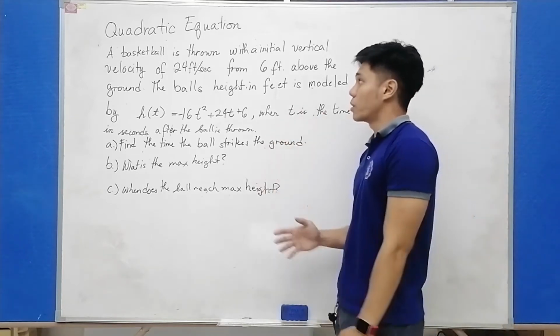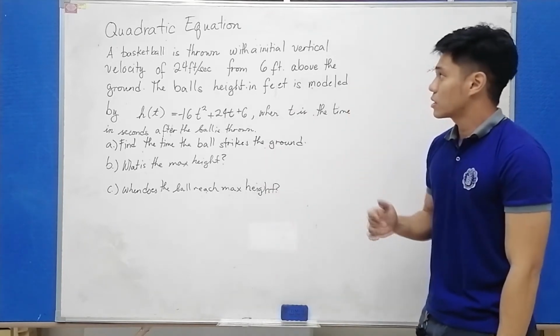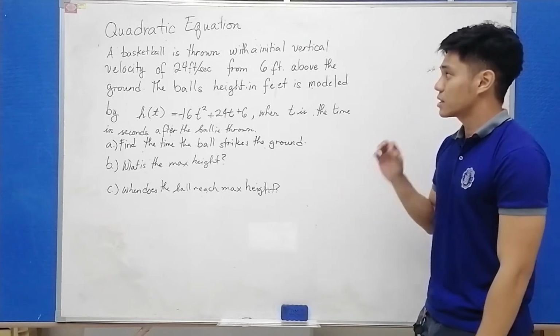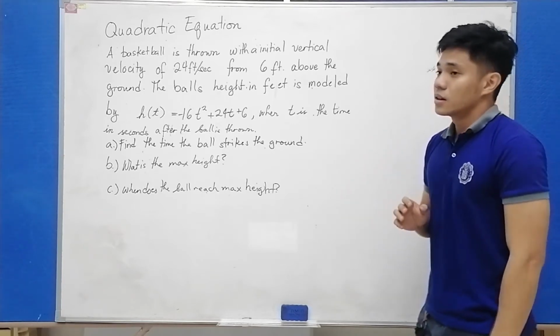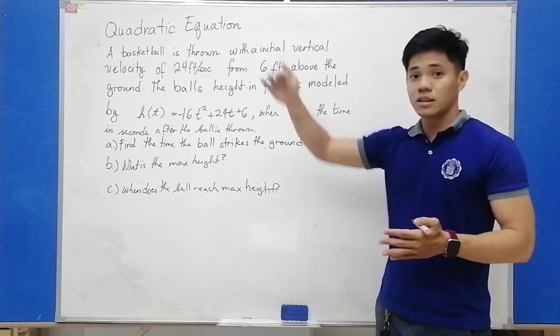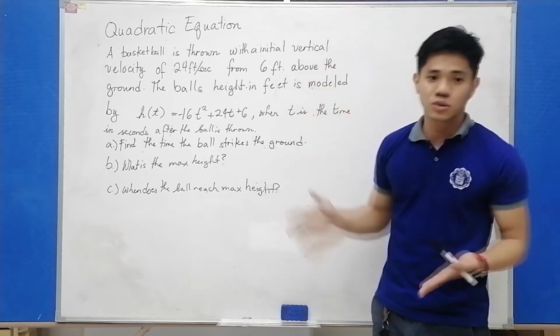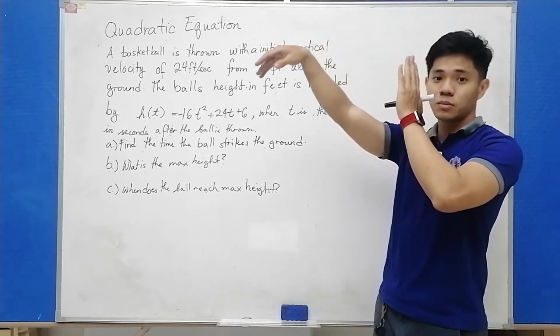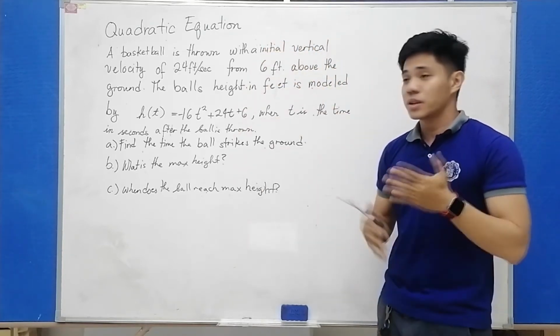A basketball is thrown with an initial vertical velocity of 24 feet per second from 6 feet above the ground. So for example, the person is standing 6 feet above the ground. He's a 6 feet tall man. Then he throws a basketball at a 24 feet per second velocity.